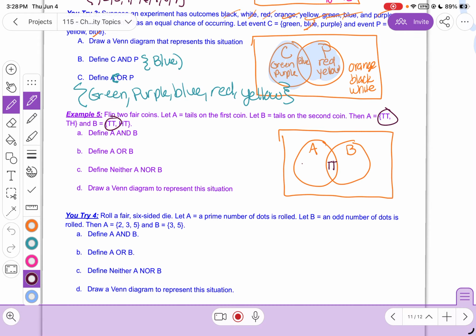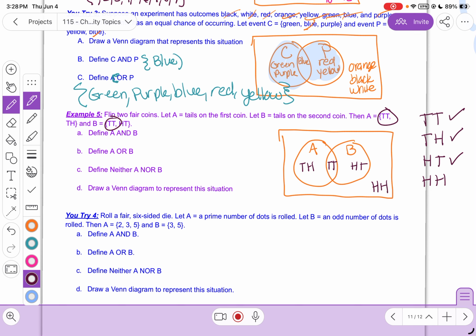A also has tails, heads. B also has heads, tails. And then if you're flipping 2 coins, you can get tails, tails, tails, heads, heads, tails, or heads, heads. So we've marked this one, we've marked this one, we've marked this one, and we haven't marked heads, heads. So that's missing.